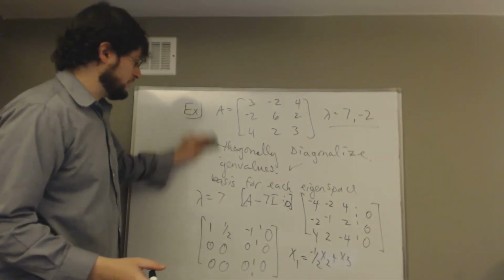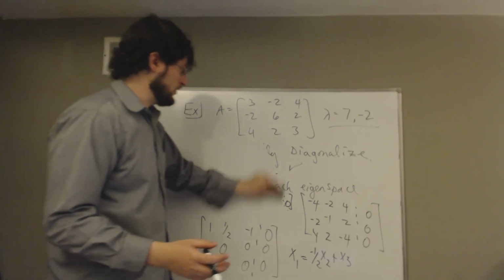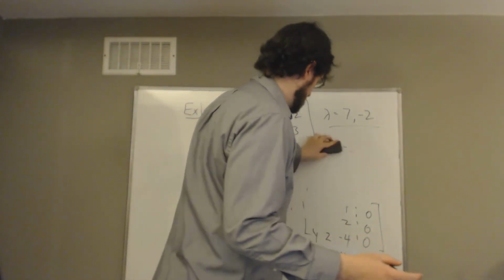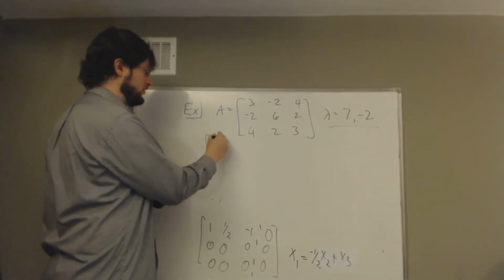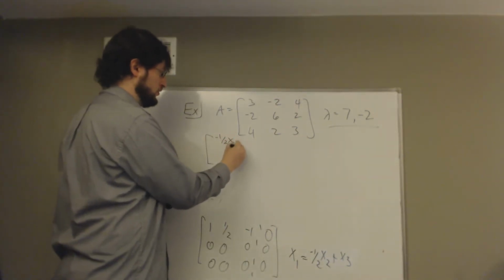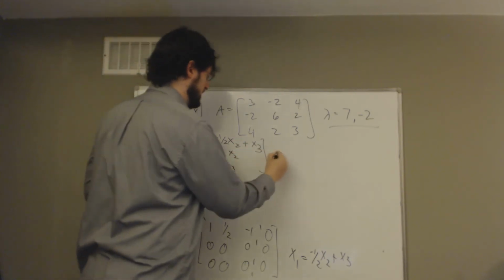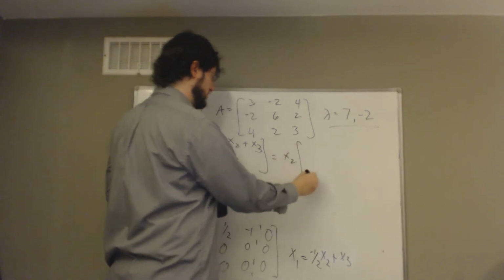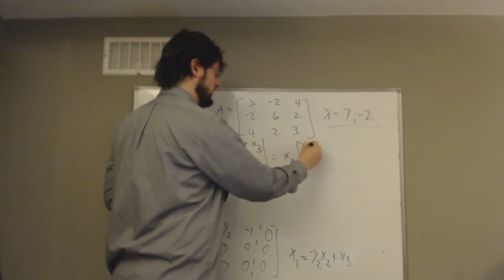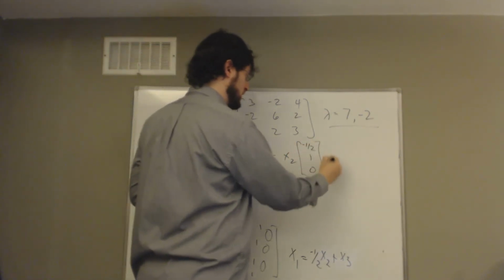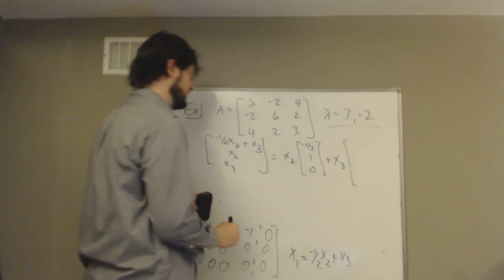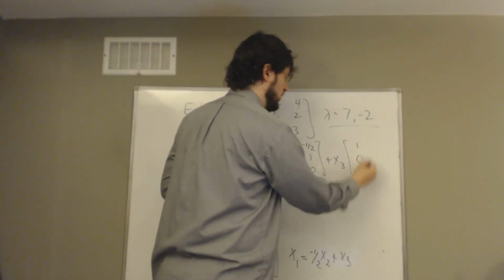So the eigenvector will be minus 1/2 x2 plus x3, x2, x3, which is x2 times minus 1/2, 1, 0, plus x3 times 1, 0, 1.